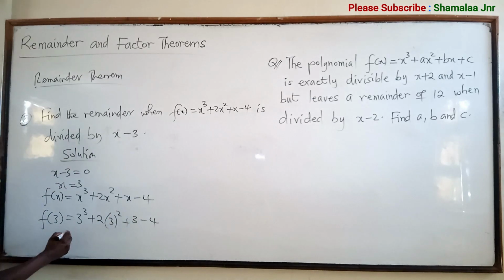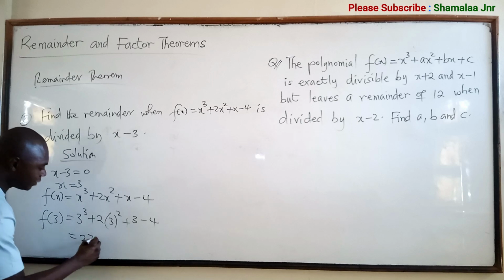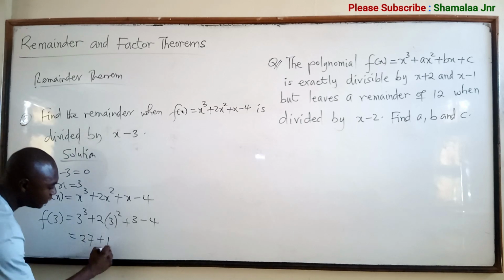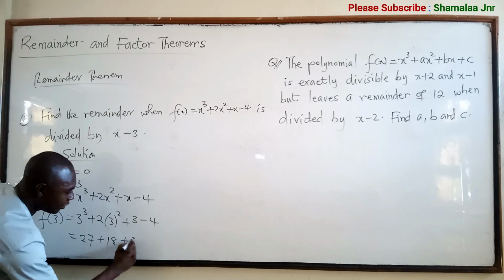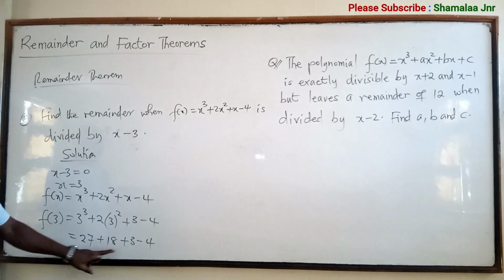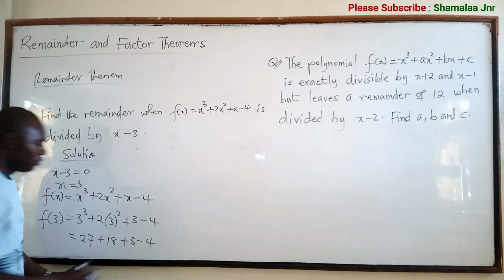Wherever you see x, right? Put 3. So 3 cubed is 27, that is 3 times 3 times 3, plus 3 squared is 9 times 2, 18, plus 3 minus 4. 27 plus 18 is 45, plus 3, 48, minus 4.